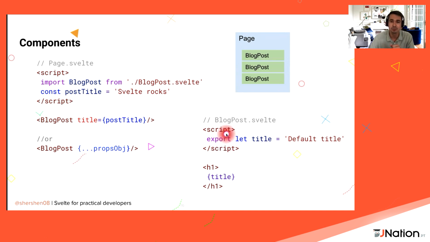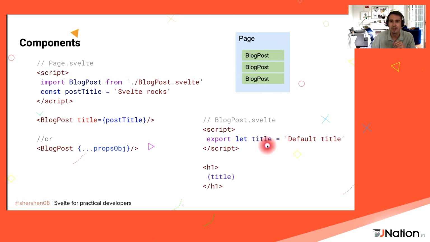So if you just want to indicate a property that is local to the component, you skip the export word. However, if you want this variable to be a property in the sense of how component-oriented frameworks treat that, you add an export, and that will be taken by the compiler as a statement that you can actually set the title in the parent.